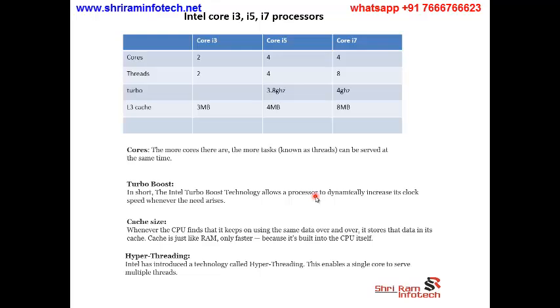Now after that there are different processors introduced in 2009 and 2010: Core i3, then i5 and i7. What is a Core i3?